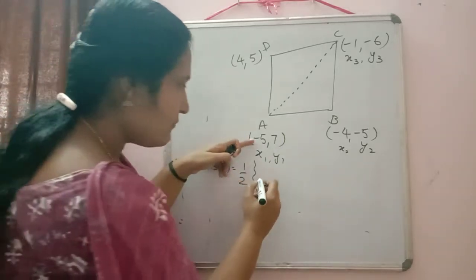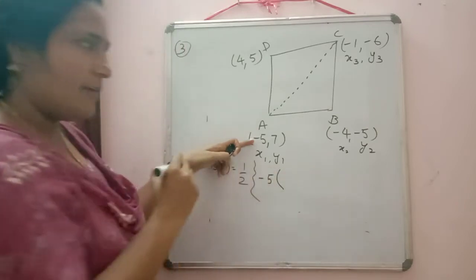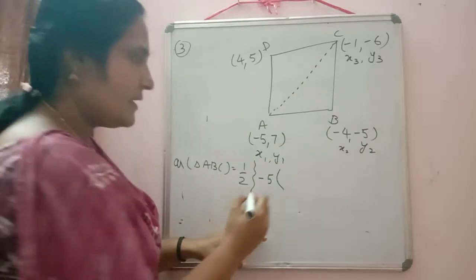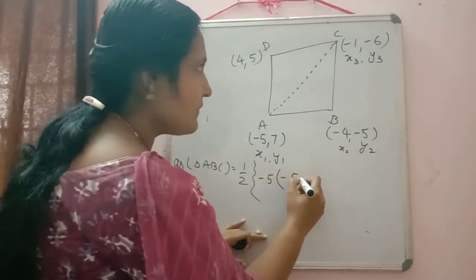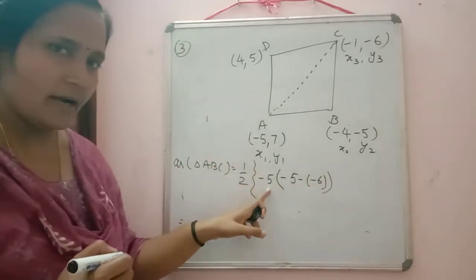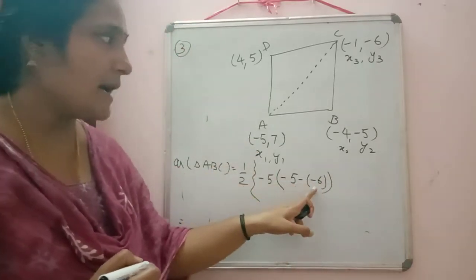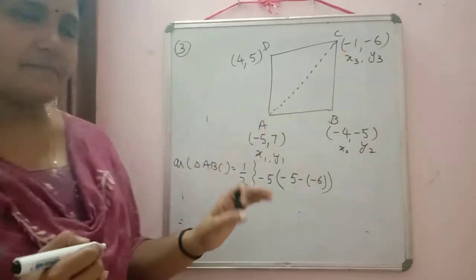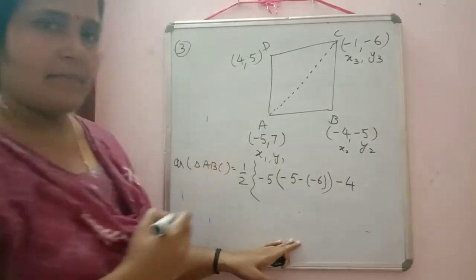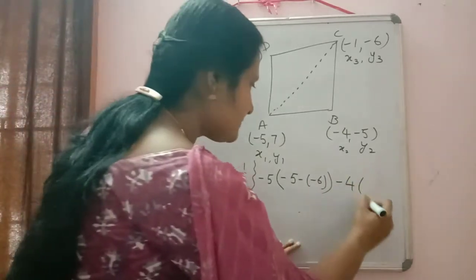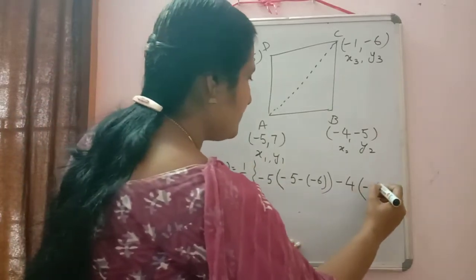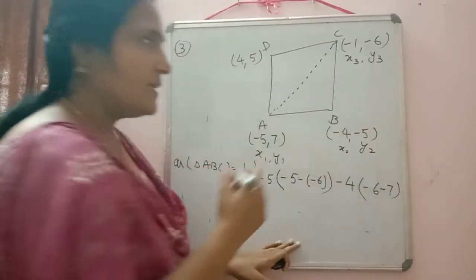In place of x1 what do we have? Minus 5 into y2 minus y3. So it will be minus 5 into 5 minus minus 6. Clear? x1 into y2 minus y3. Then plus x2. Our x2 is negative, so I am writing minus 4 into y3 minus y1, so it will be minus 6 minus 7.